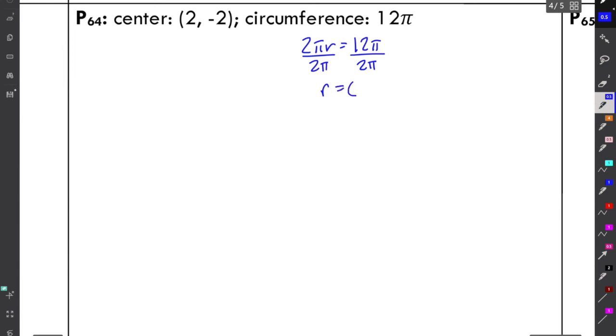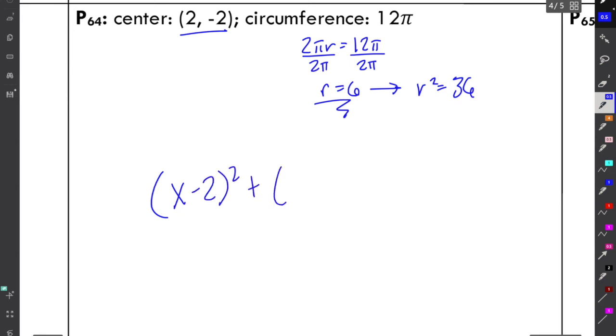So r is equal to 6. And thus r squared is equal to 36. We have our center to be 2, negative 2. So our equation is x minus 2 squared plus y plus 2 squared equals 36.